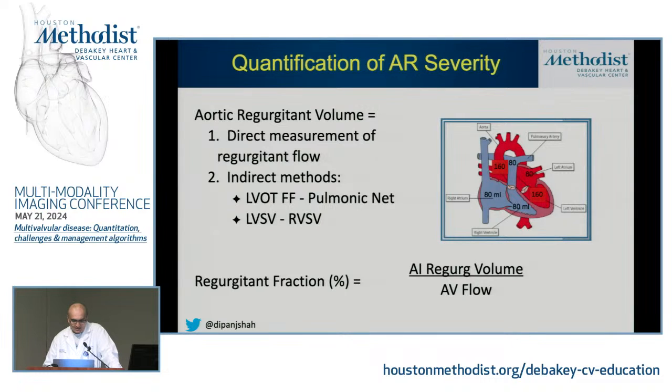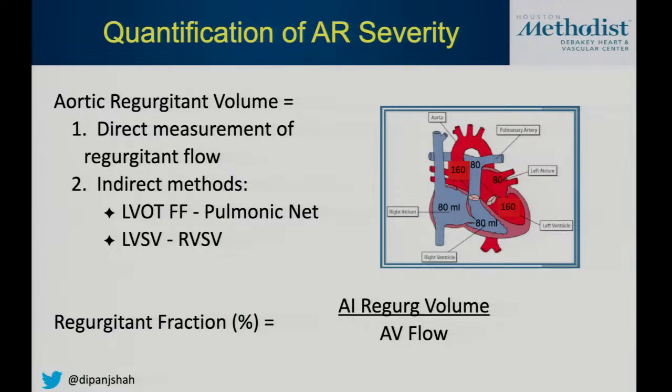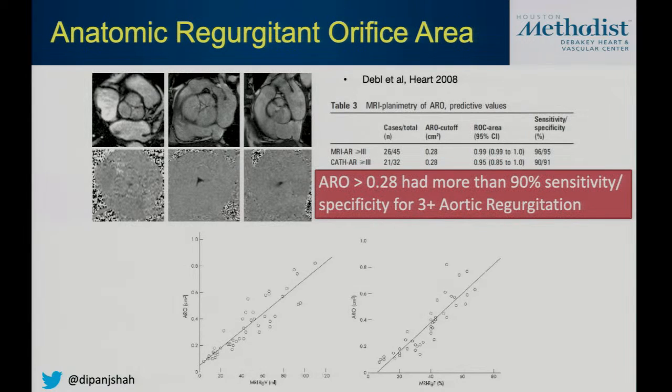In some cases, though, there are other methods you can use as well, where you can compare the LVOT forward flow to the pulmonary artery net flow, or in isolated aortic regurgitation, compare the LV to the RV stroke volume. And then for semi-quantitative approaches, there's also looking at the size of the regurgitant orifice area.